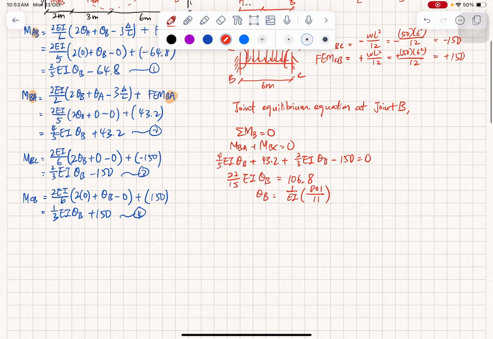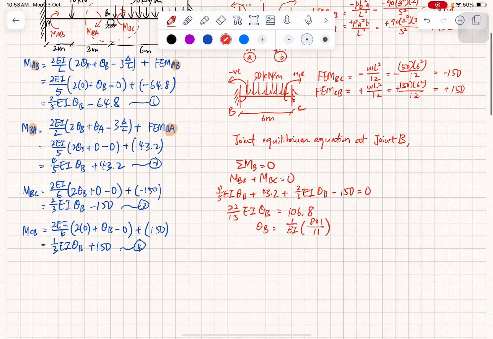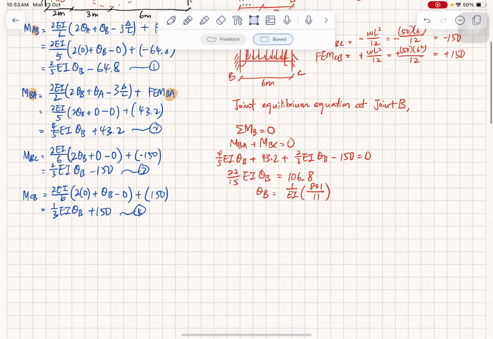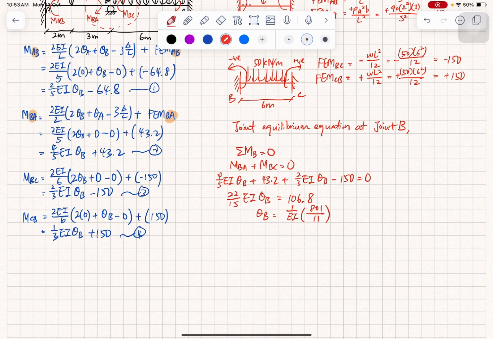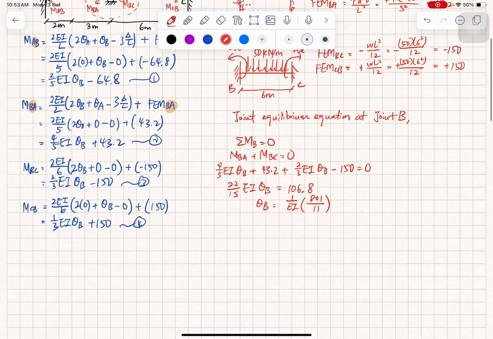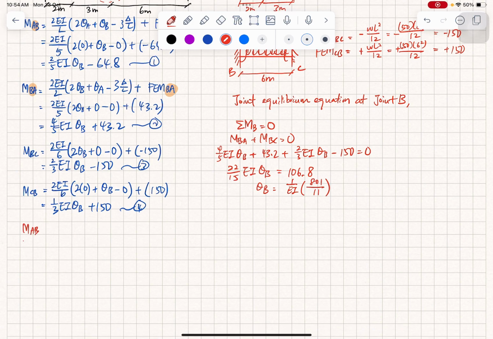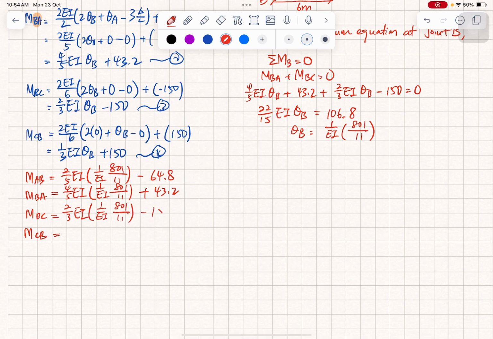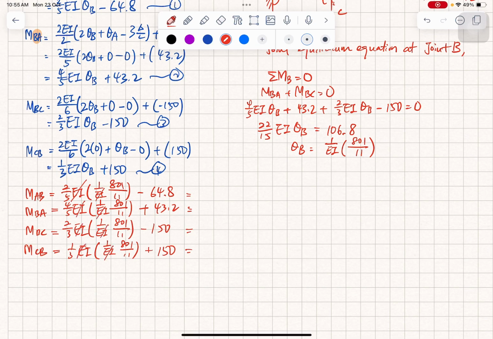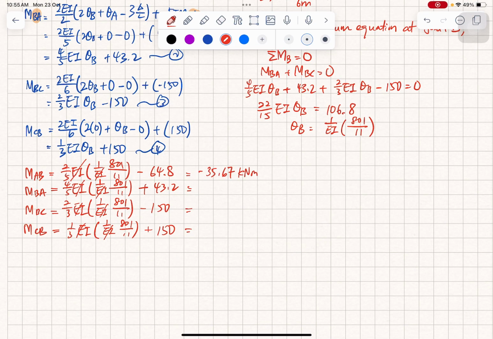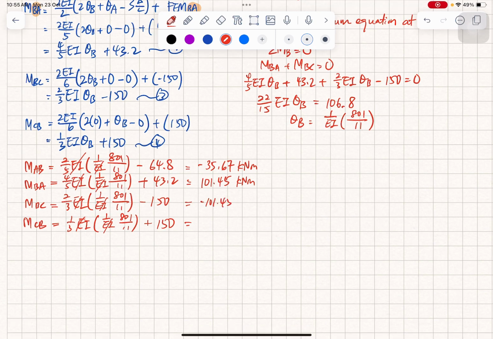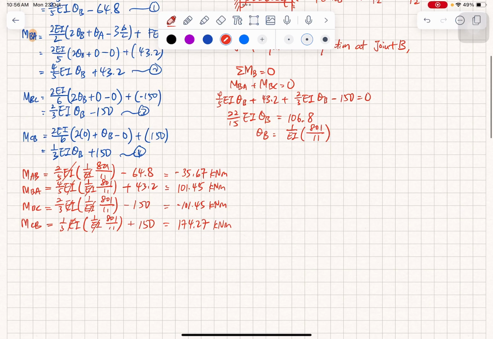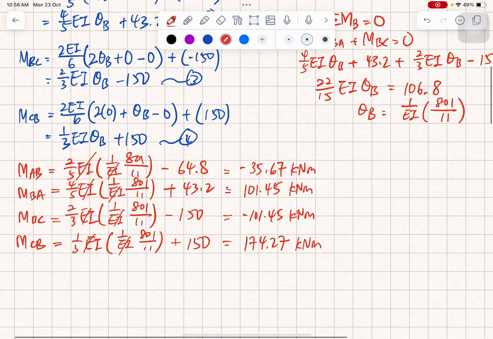Okay, so we get theta B. After you get theta B, when you substitute into all the moments, you'll get the answer. So when we substitute inside, what is MAB? Here we can get the values. These are the values that we obtain.